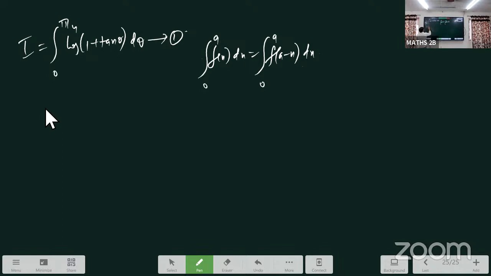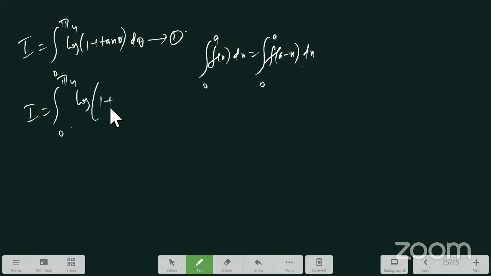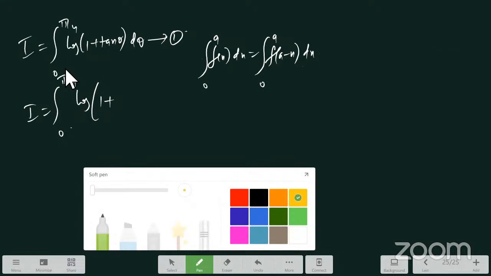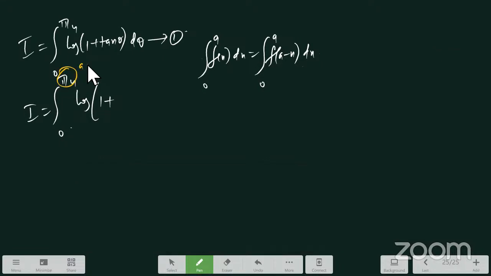So I equal to 0 to pi by 4 log of 1 plus, instead of x you have to put a minus x. What is a in this case? Your a in this case is pi by 4, the upper limit. Is it clear?